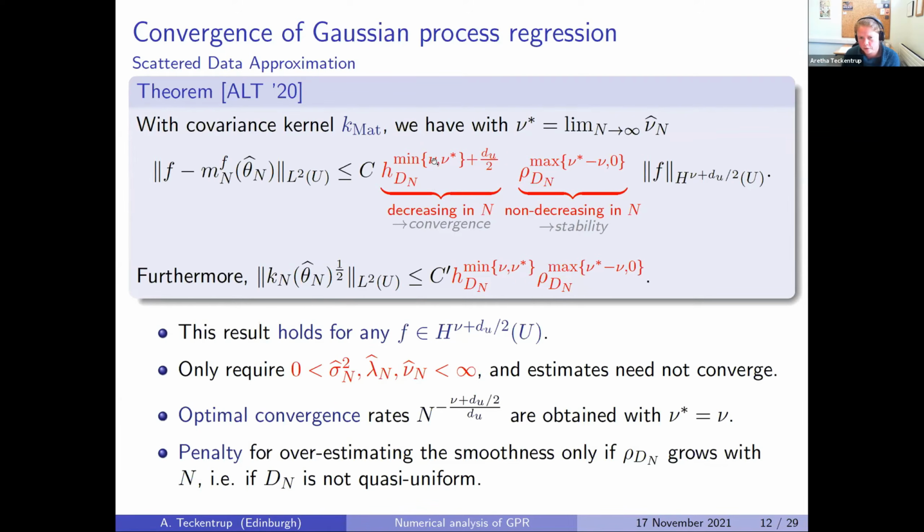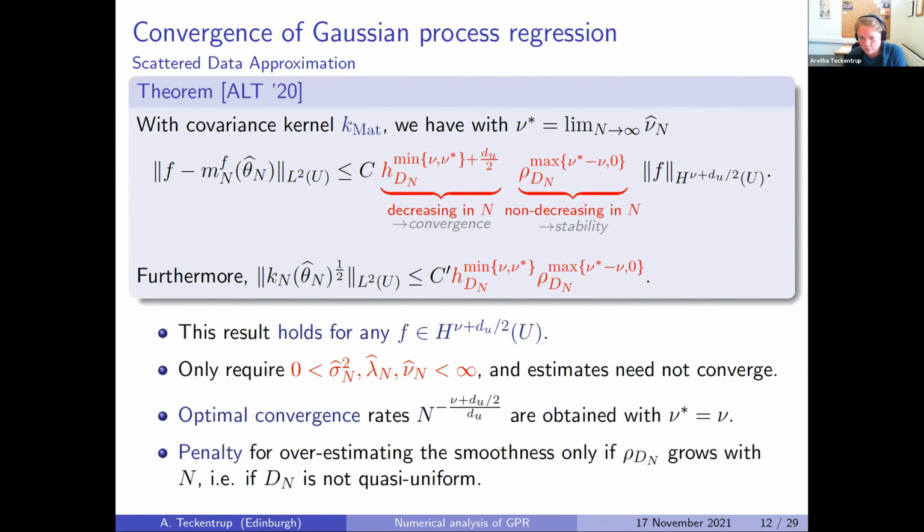And so the rate that you get depends on your smoothness mu. For the estimated hyperparameters, we don't require very strong assumptions. So if you want this precise result that you have here, all that you need to know is that they are uniformly bounded away from 0 and infinity.